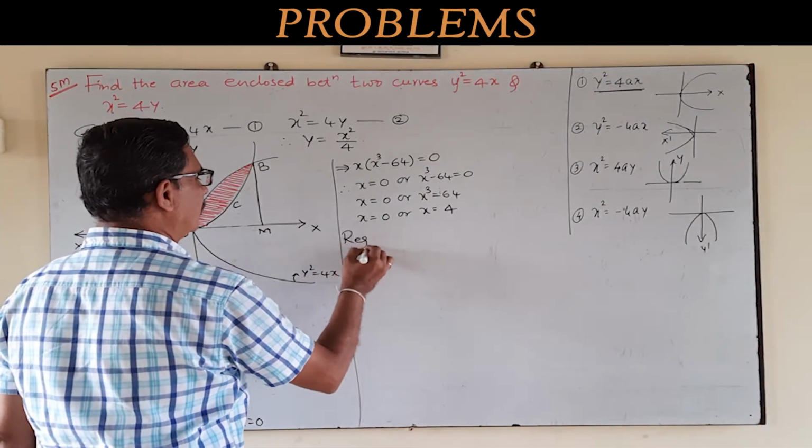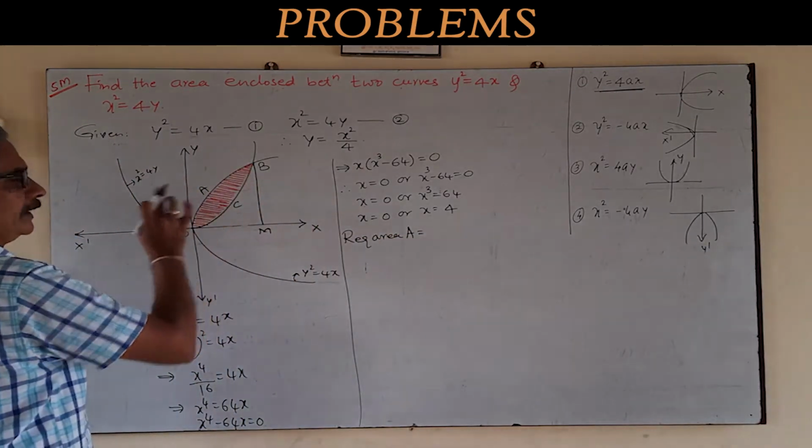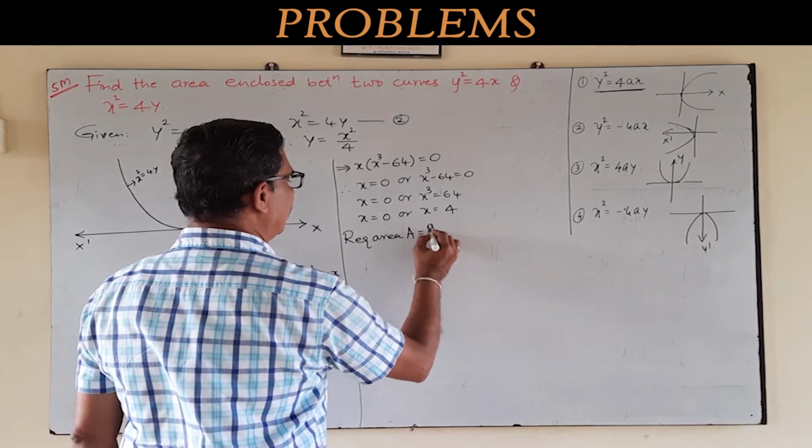So the required area A: we have to calculate this part of the area. How to calculate? Now see the diagram.